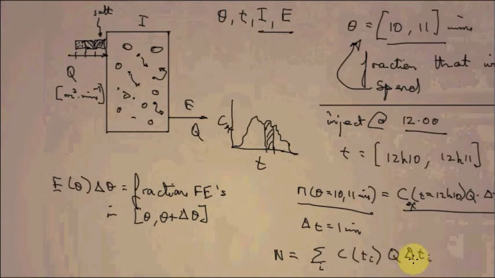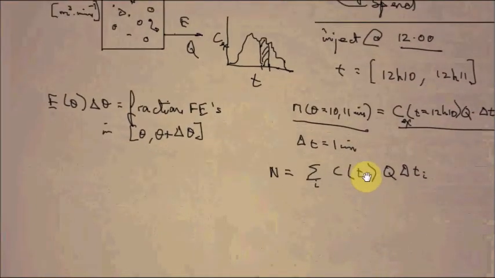So for a given interval, there's a given period of time. Each of these tells us the number of moles at the exit point in that range. So we just add them all together, and that must be the total number of moles of salt.